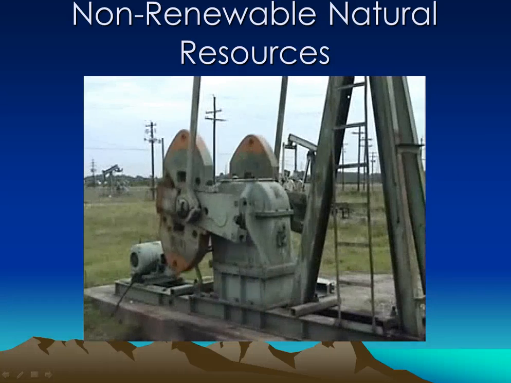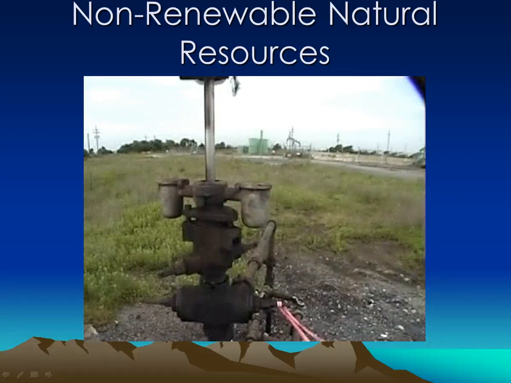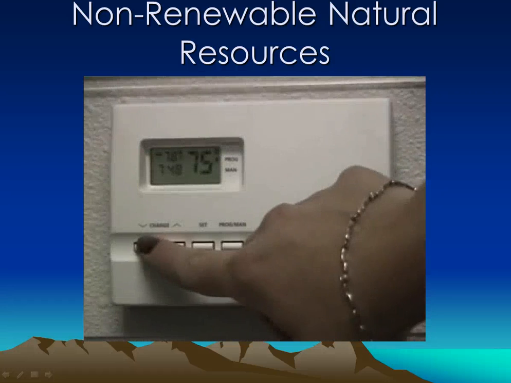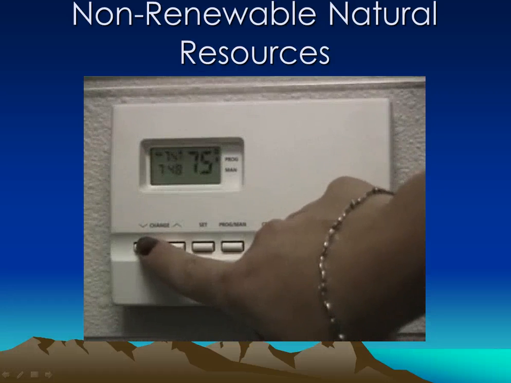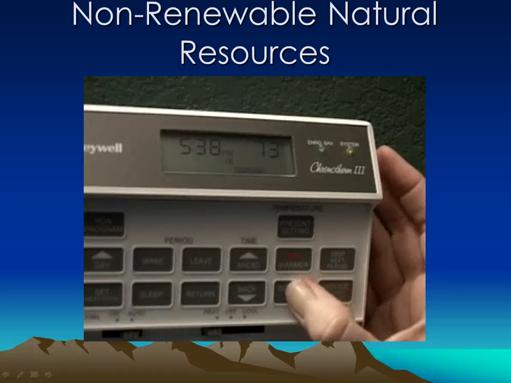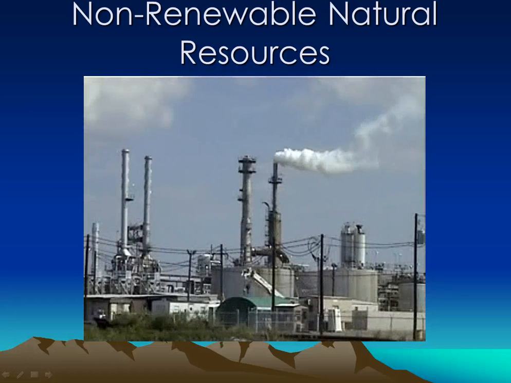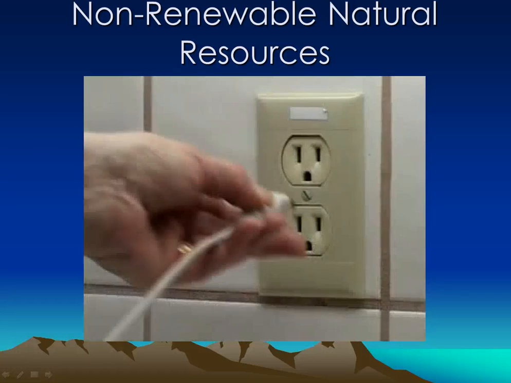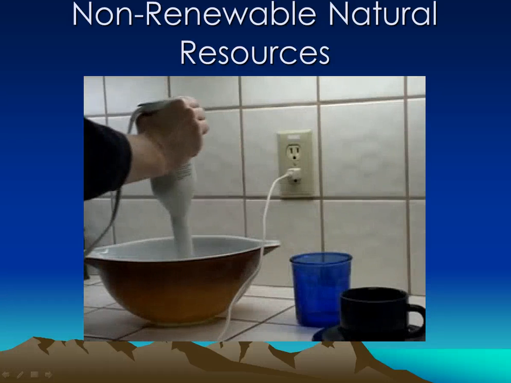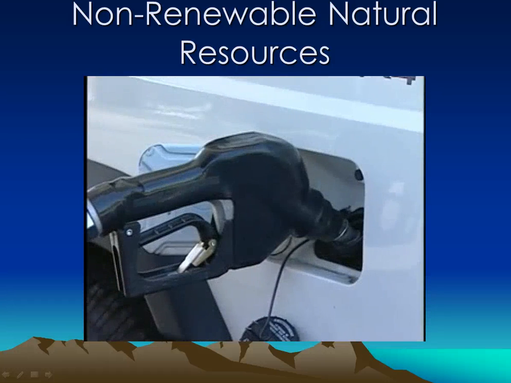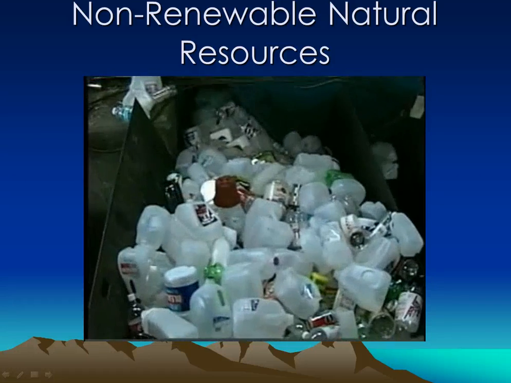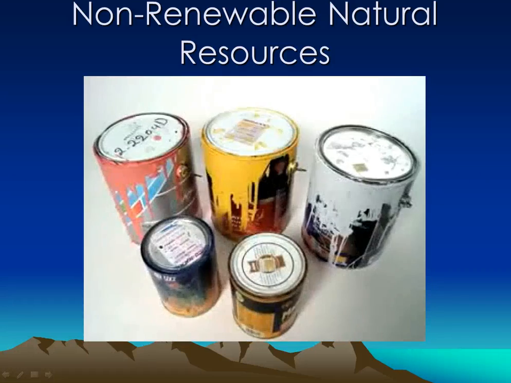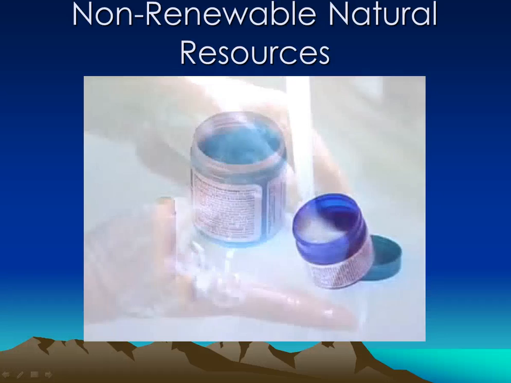They are pumped out of the earth from a drilled well. We use oil and natural gas for fuel to heat our schools, homes, and businesses, energy to run factories and machines, and to make electricity. Oil is used to make gasoline. Oil is also used to make plastic, paints, soaps, and medicines.